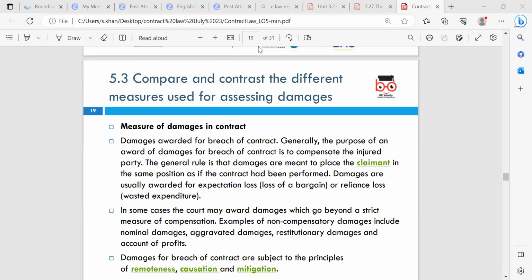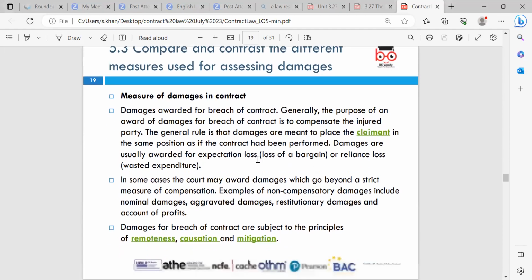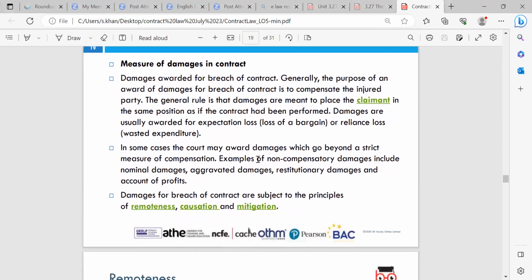So now we're going to look at 5.3, which is to compare and contrast the different measures used for assessing damages. So measures of damages in contract: damages awarded for breach of contract. Generally, the purpose of an award of damages for breach of contract is to compensate the injured party. The general rule is that damages are meant to place the claimant in the same position as if the contract had been performed.